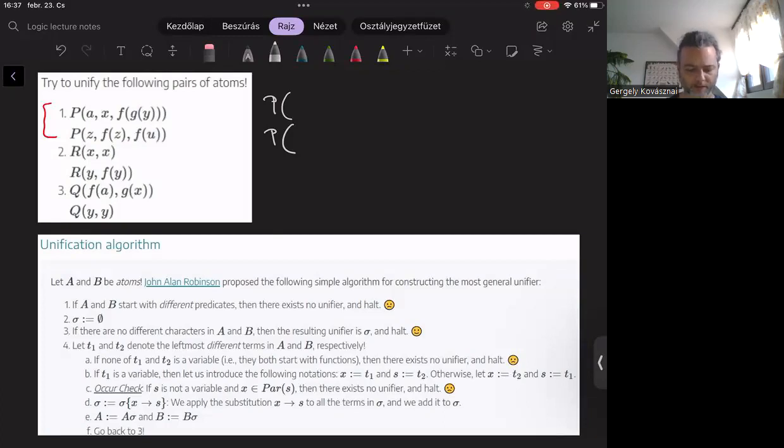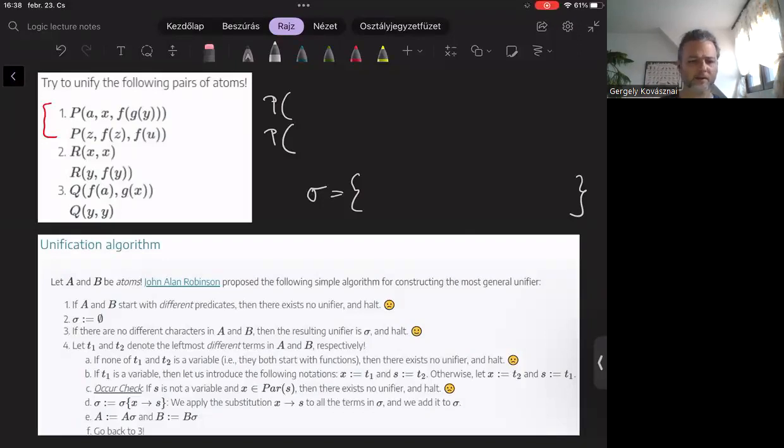We can keep going. In step 2, we introduce a notation sigma for the unifier we are about to generate. At the beginning, this unifier is empty, but while running the algorithm, we will extend this unifier step by step with new substitutions.